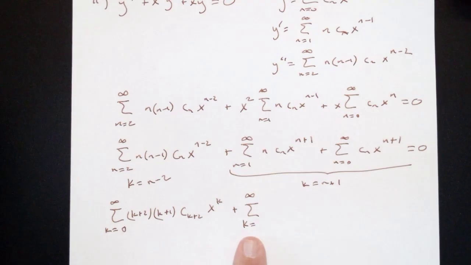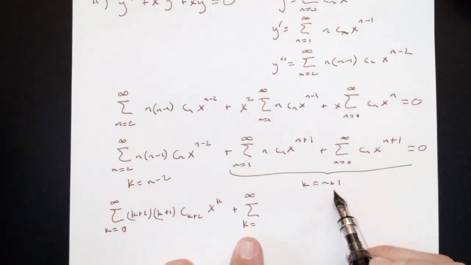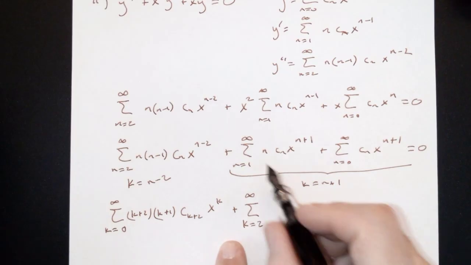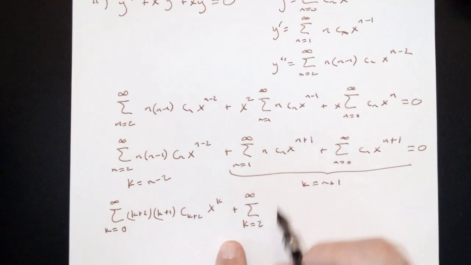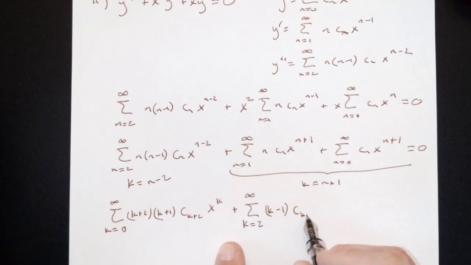Where's this sum start? I went the other way. It starts at 2. So where I have an n, I replace it with k minus 1. And then I'll get c_(k minus 1) x to the k.